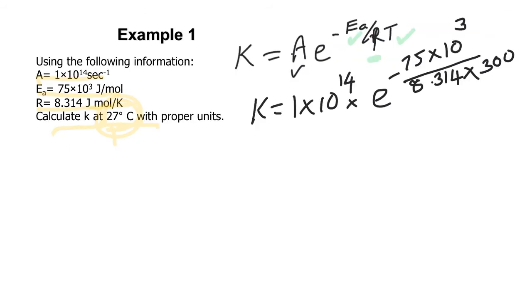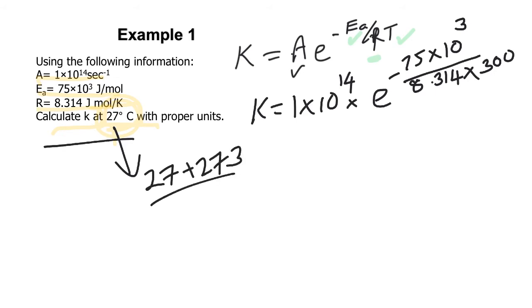Okay, as you can see, I've just substituted the values from the problem in here, except I've used temperature in Kelvin scale by adding 273 to what's given here, and that is over here. It's better if you can work out this expression in one go, but if you're not sure, do this part first, and then do e to the power of the answer.